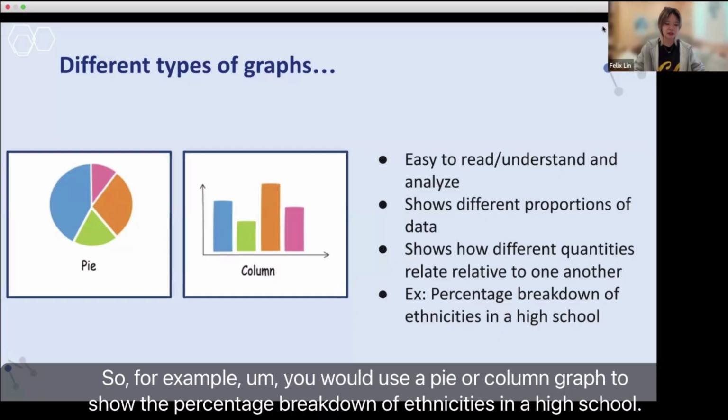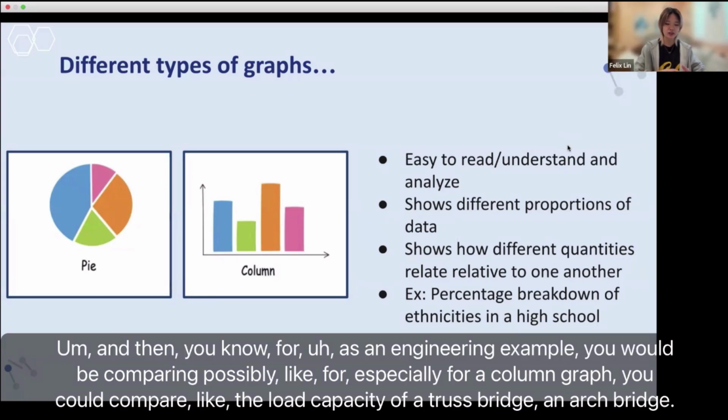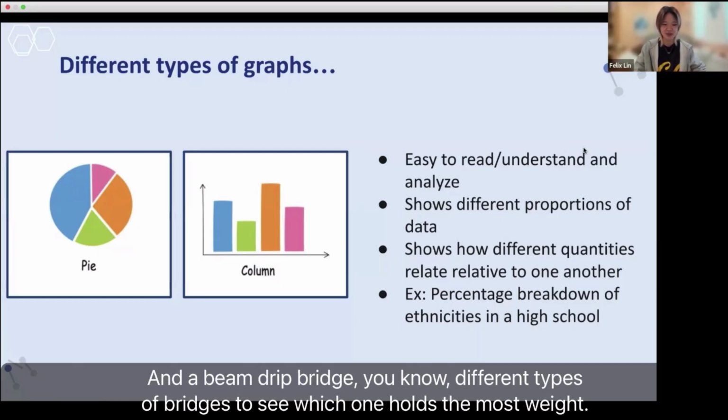So for example, you would use a pie or column graph to show the percentage breakdown of ethnicities in a high school. And as an engineering example, especially for a column graph, you could compare the load capacity of a truss bridge, an arch bridge, and a beam bridge, different types of bridges, to see which one holds the most weight.